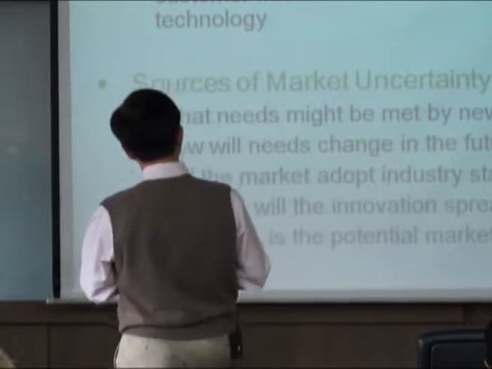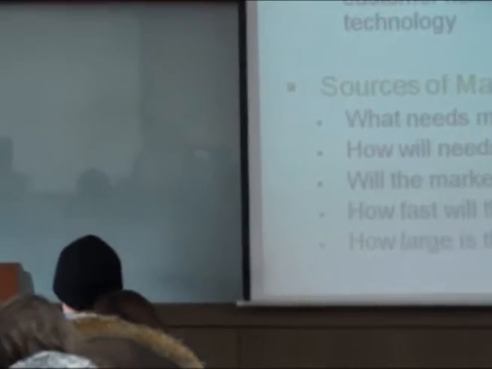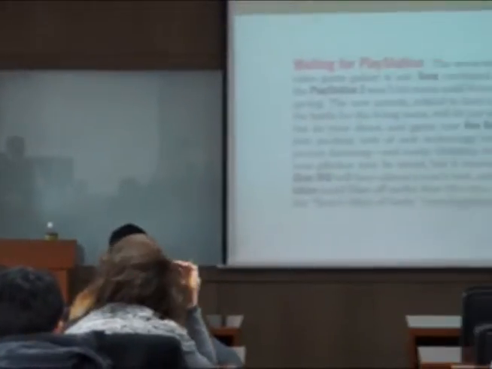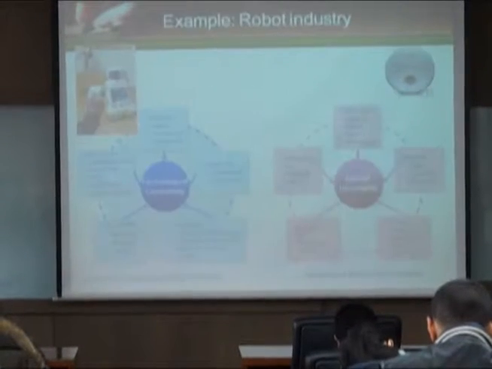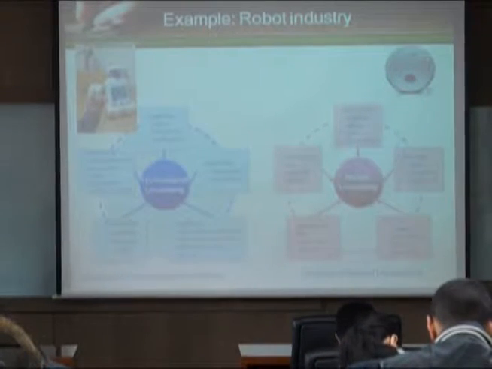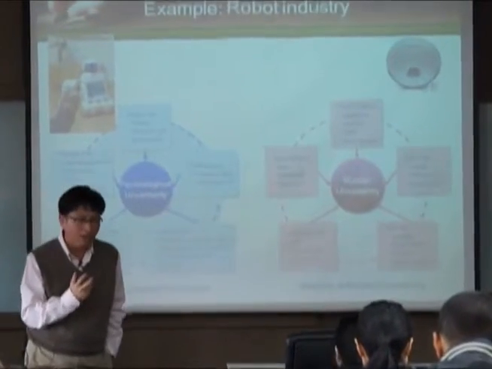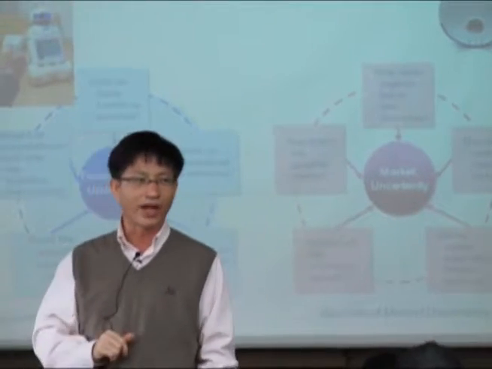Let me see. We are marketing sources of market uncertainty. There are so many uncertainties. Actually, we can have a better understanding of those things. PlayStation, we'll discuss the PlayStations later on. So, say for example, you want to put a little artificial intelligence and rocket science into a vacuum cleaner.